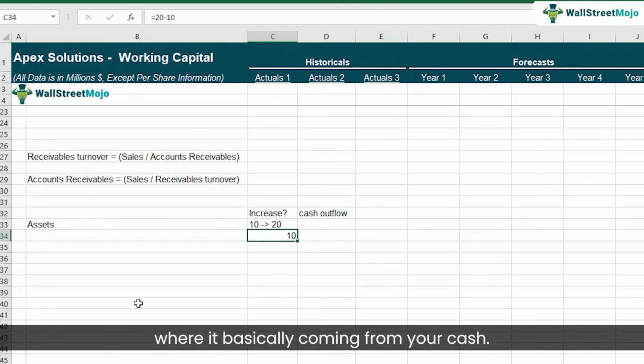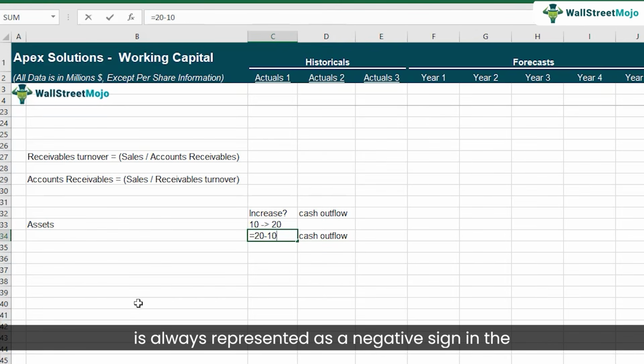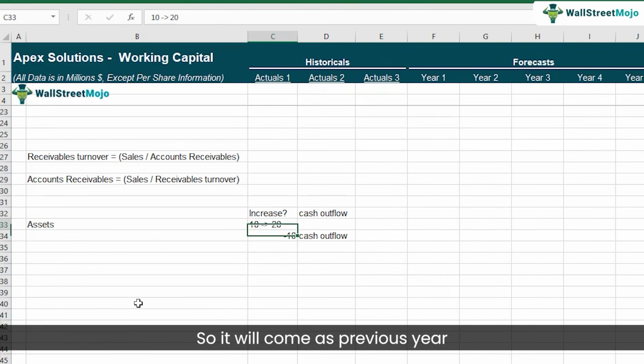It's basically coming from your cash. So this is basically a cash outflow, and a cash outflow is always represented as a negative sign in the cash flow statement. So this will come as 10 minus 20, that is, previous year minus this year. Now this is about assets.